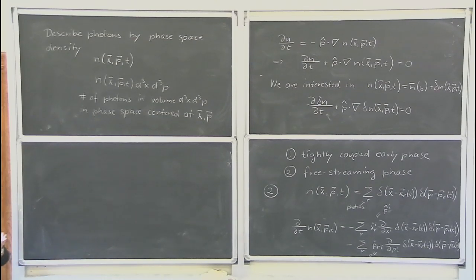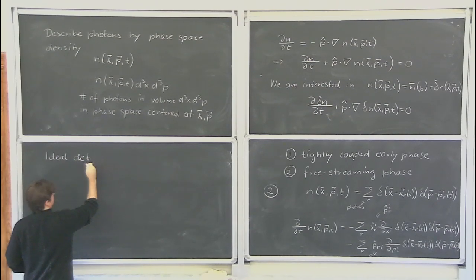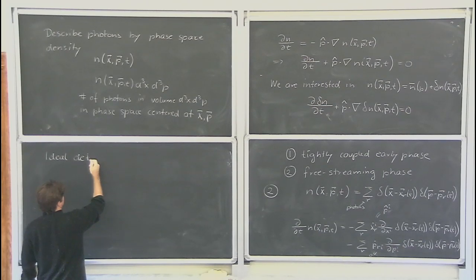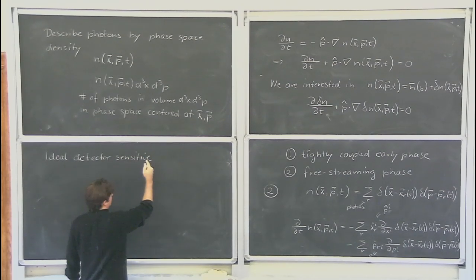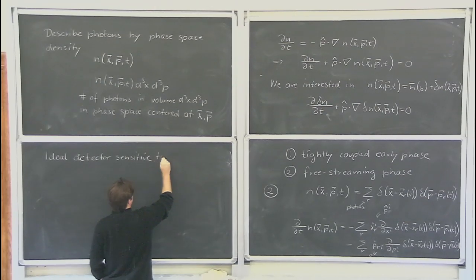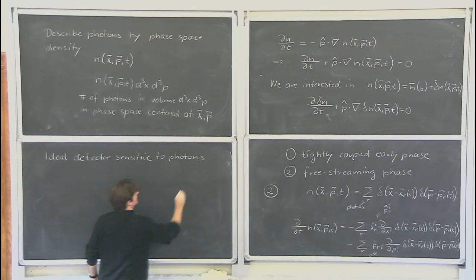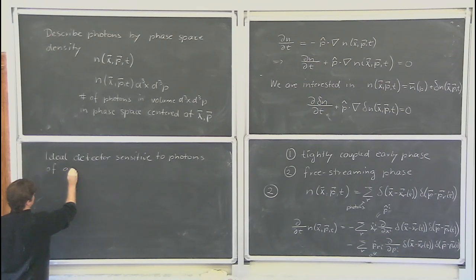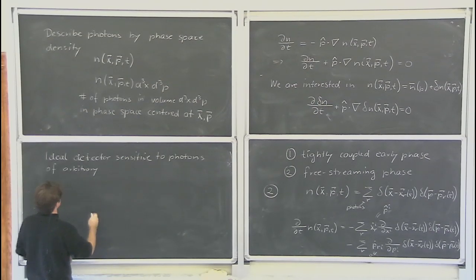So if you have a detector that only accepts photons with momentum in the p hat direction, but is ideal in the sense that it's sensitive to photons of arbitrary energies, which in practice isn't the case, but for now let's work with that, and it's equally sensitive to all of them, it just really measures their energy.